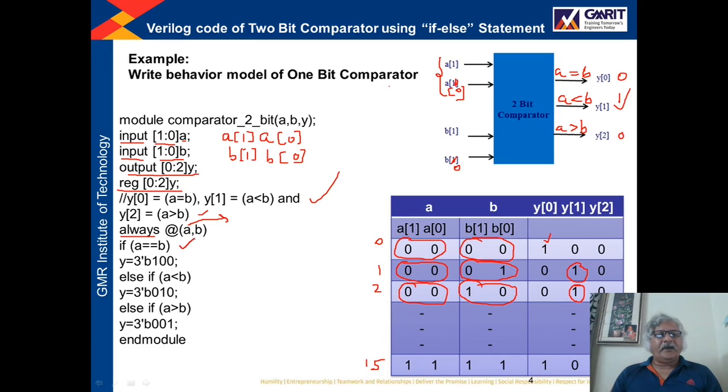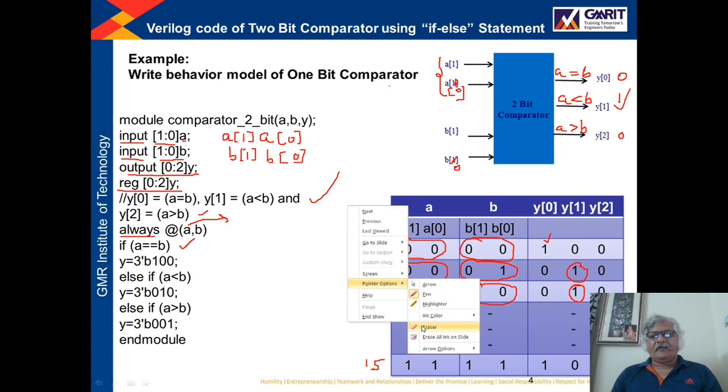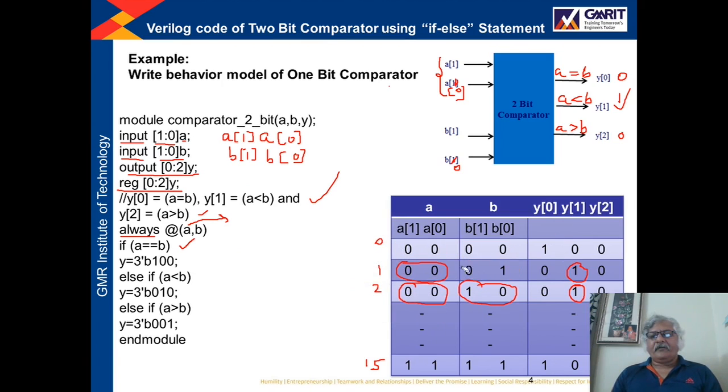So first statement is A is greater than B. Here if we write A is greater than B, basically it will check the two values of A with the two values of B. This means it will check these two values A1 A0 with B1 B0, like this.